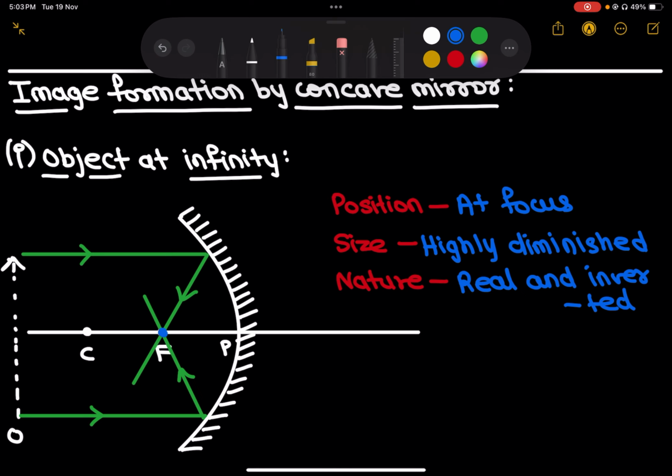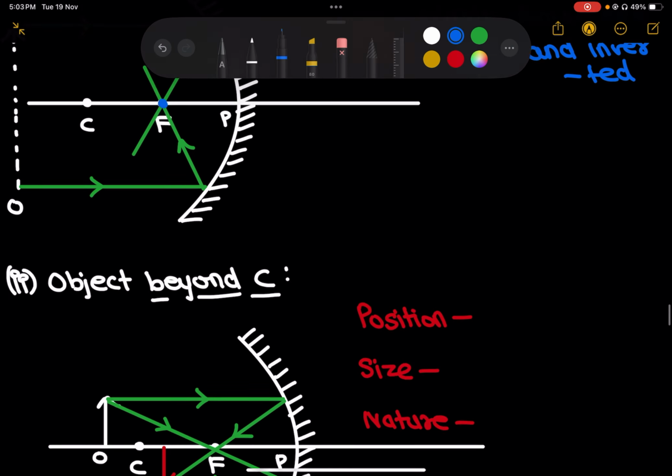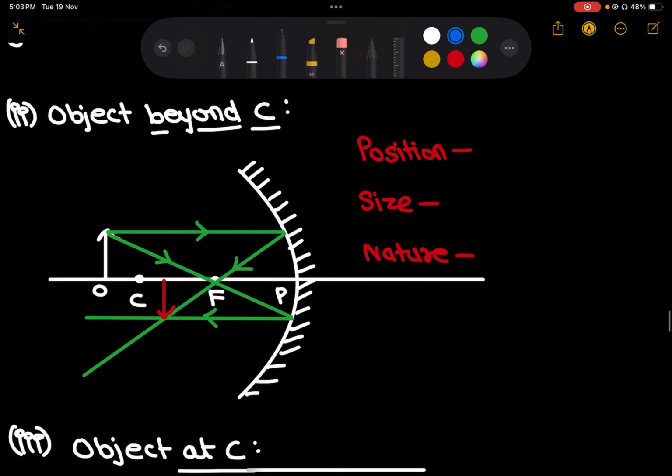Okay, now let's move on to the second case. Now we are moving the object closer and closer to the mirror. So the second case is that the object is between infinity and C, or we can say the object is beyond C. So it is visible to us. The size of the object is visible. At infinity, we cannot see it, right?